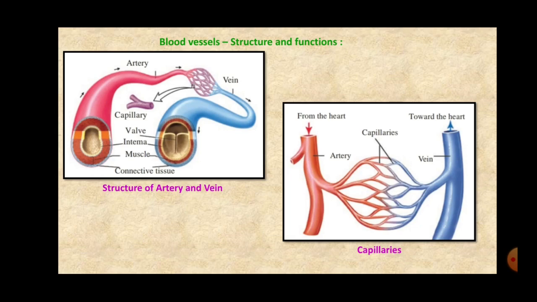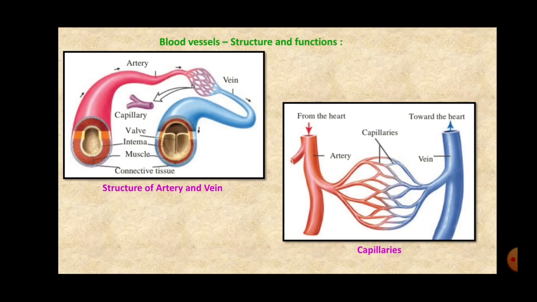Then the veins are the vessels which carry the blood towards the heart from the various parts of the body, except one vein which carries the pure blood from the lungs to the heart, and it is the pulmonary vein. Similarly, the artery which carries the impure blood from the heart to the lungs is called the pulmonary artery. So these are the 2 exceptions.